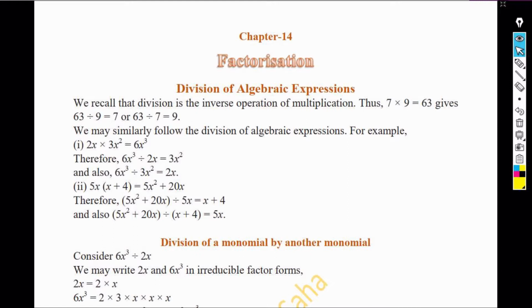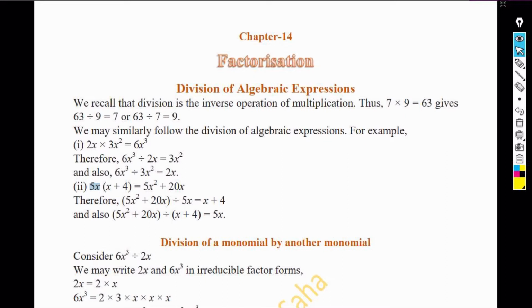Similarly, take another example. Here the monomial 5x is multiplied with the binomial x plus 4 and becomes 5x square plus 20x.